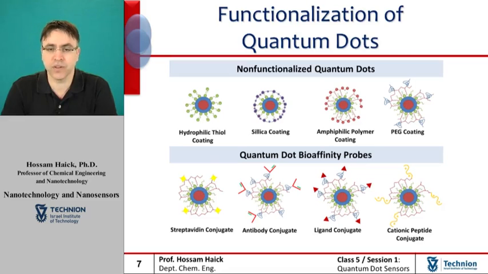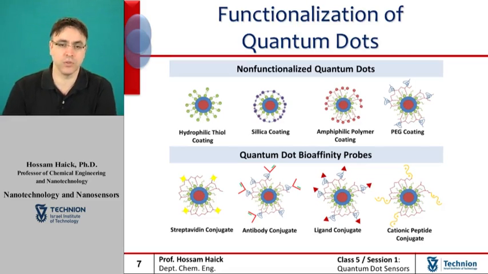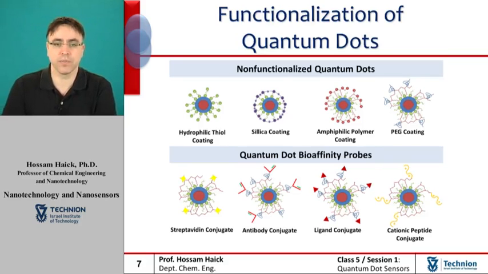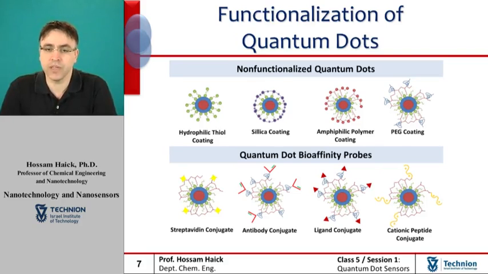A few examples of functionalized quantum dots include quantum dots coated with a monolayer of hydrophobic thiols, which are generally stabilized ionically in a solution. Another example is the quantum dots coated with a cross-linked silica shell, which in turn can be readily modified with a variety of organic functionalities using well-developed silane chemistry.